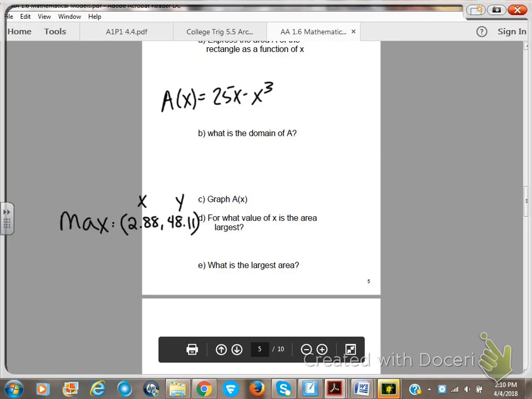A. So the y value now is representing our area A. In part D, it says for what value of x is the area largest? So what value of x gave us the maximum? This is asking specifically for the x value. So part D is x equals 2.88. Part E, what is the largest area? 48.1. Good. A equals 48.11.